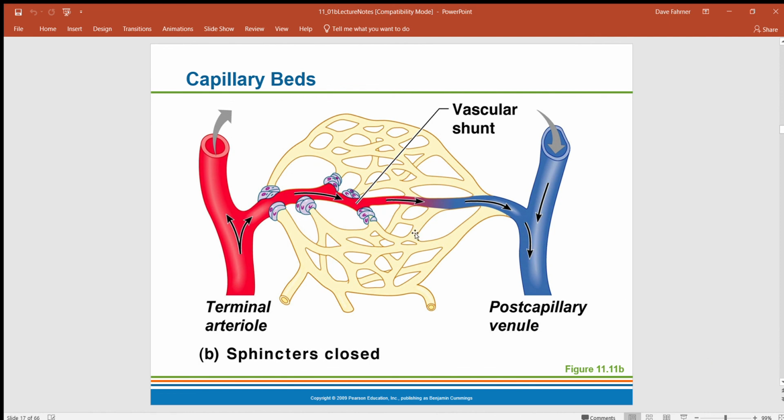So basically, two things can happen here, and this is kind of all or nothing, and it doesn't always happen like this. The shunt, which is basically a sphincter, can either open or close. When it's closed, it's going to close off the capillary bed, and it's going to force blood to go directly from the arteriole into the venule.